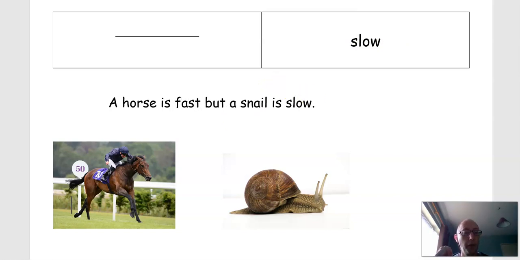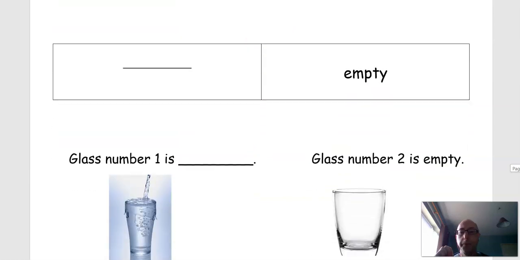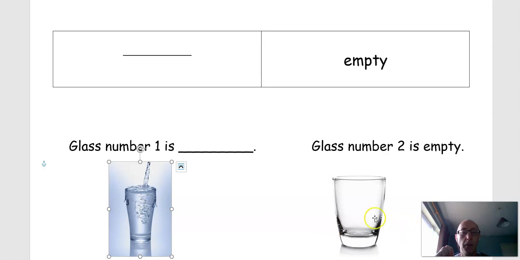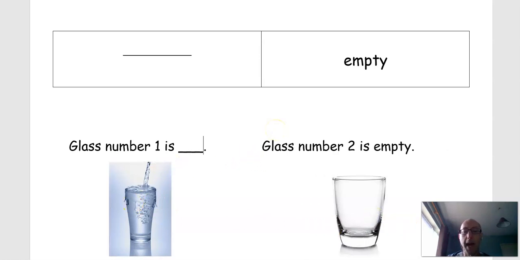Fast. Perfect. Next one. Empty and... So, this glass is empty. This glass is... begins with F. How do you spell it? Full. F-U-L-L. Full and empty.